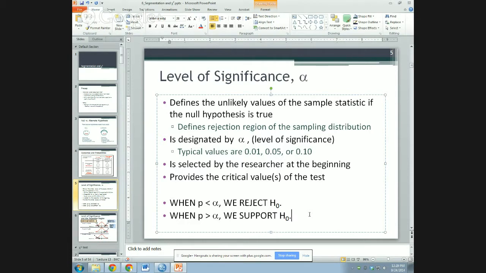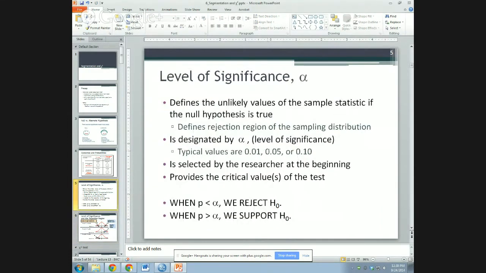Well, 0.02 is less than 0.05, so we reject the null hypothesis. How about if the p-value is 0.657? Well, at 0.657, it's greater than 0.05, so we would support the null hypothesis.